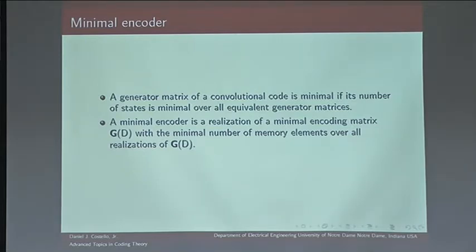For simple encoders, there's not too much difference. This little example was not so complicated: a rate 2/3 systematic encoder where one realization gave us 8 states, the other gave us 4 states. The idea is we always want to use a minimal encoder because that reduces the complexity of decoding.